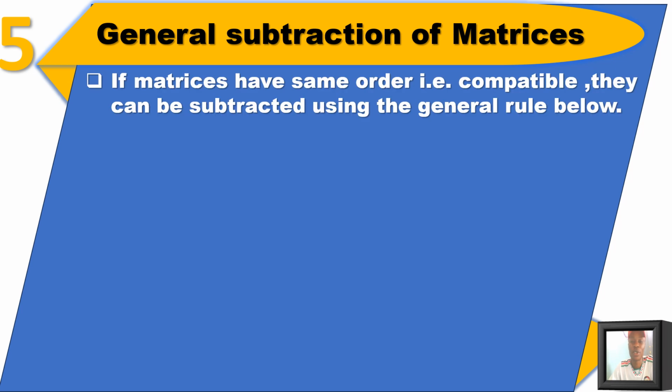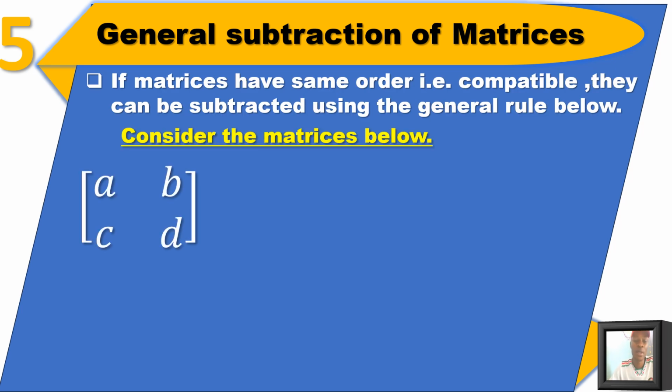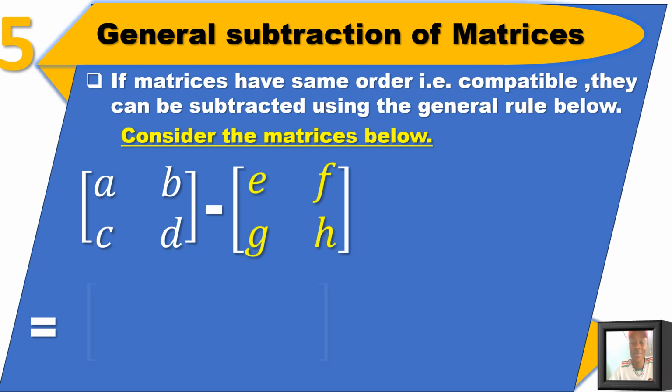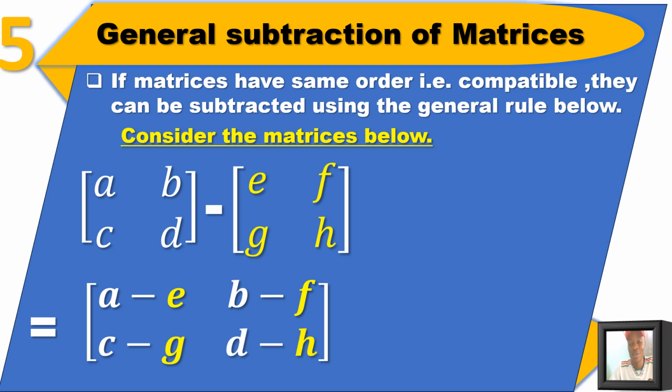So, general subtraction of matrices. If you have A, B, C, D as your first matrix, you are subtracting another matrix, E, F, G, H. You follow the same rule. It is not different from that of addition. So you have element A in the same position with element E, so they can be subtracted. So you have A minus E. And then elements B and F share a position, so you can subtract those ones.